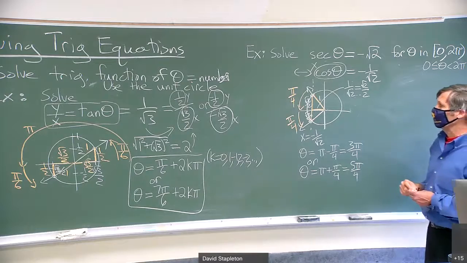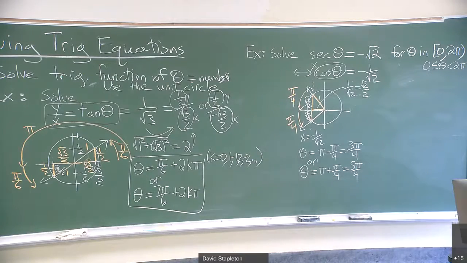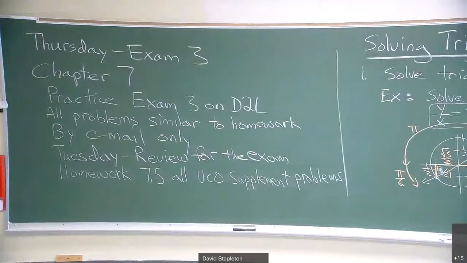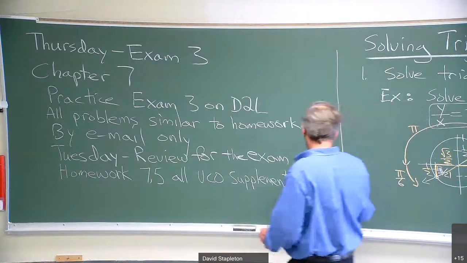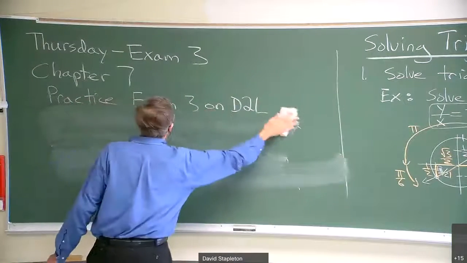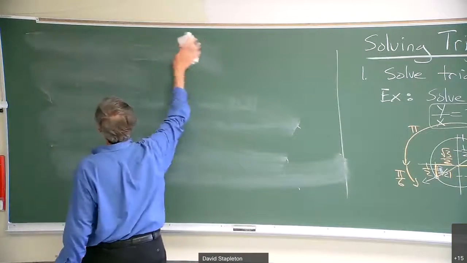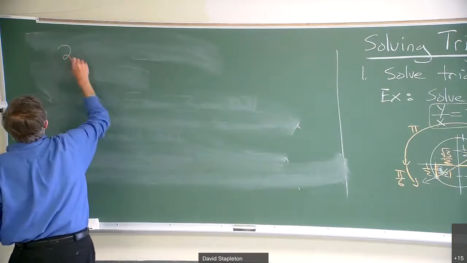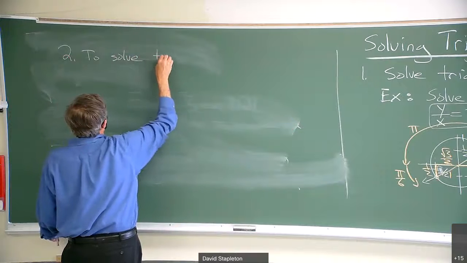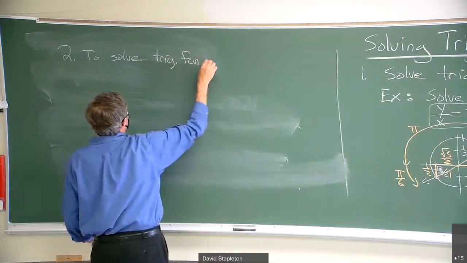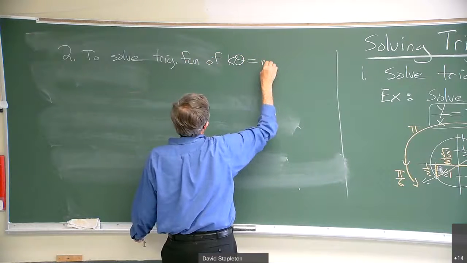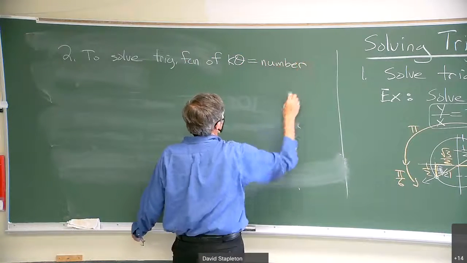Then we said we might have a multiple of an angle, right? We might have this kind of situation. When you solve a trig function of a multiple of theta, say k theta equals a number, it's an easy step, right?